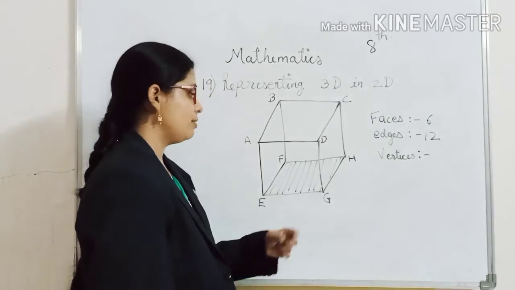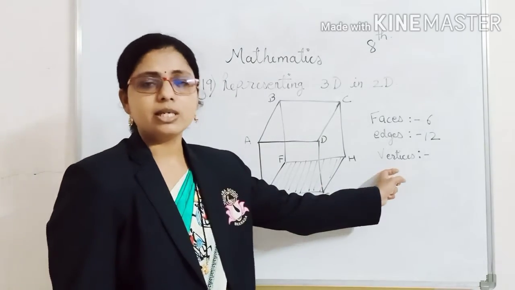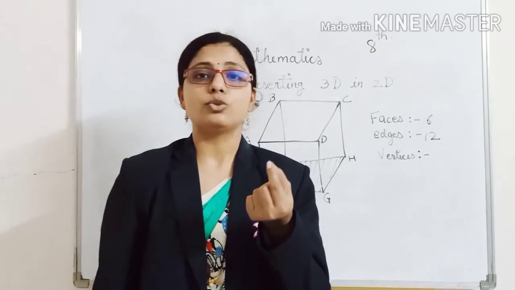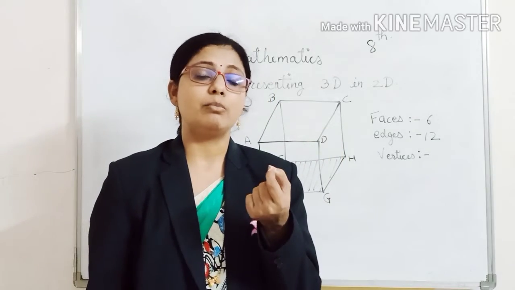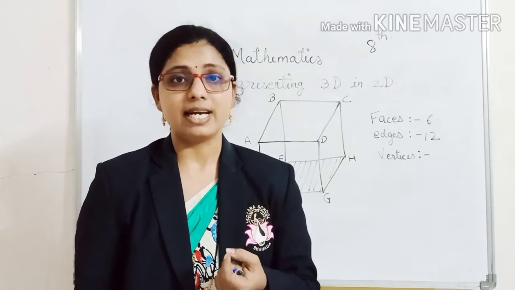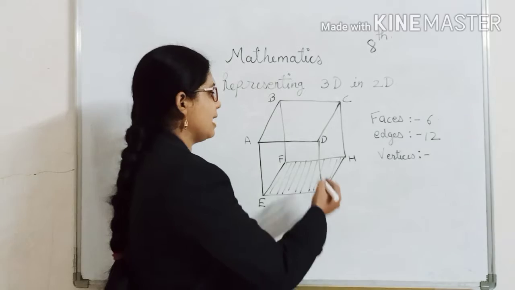Now let us have a look at the vertices. What do you understand by vertices? When two lines, or more than two lines, are meeting at one point, they are known as vertices. So have a look at this diagram.